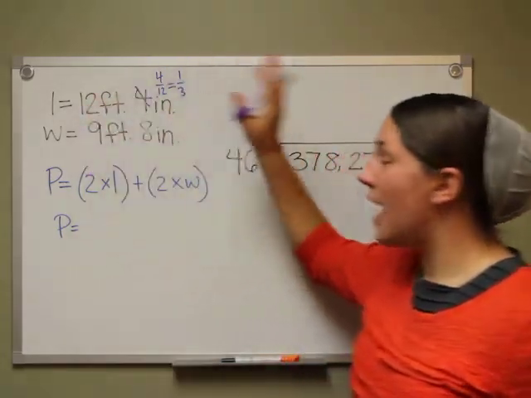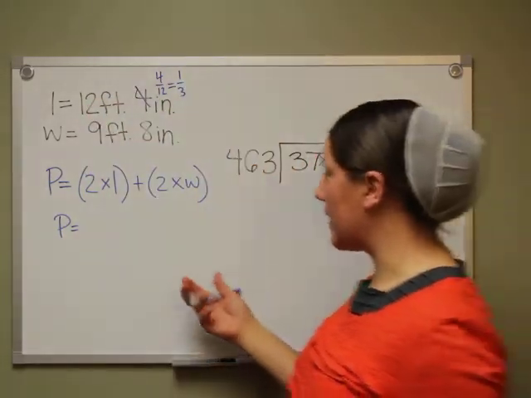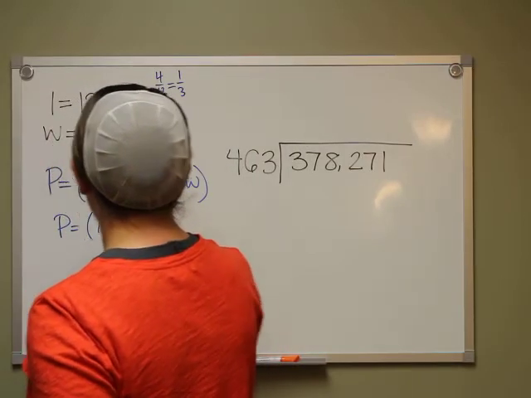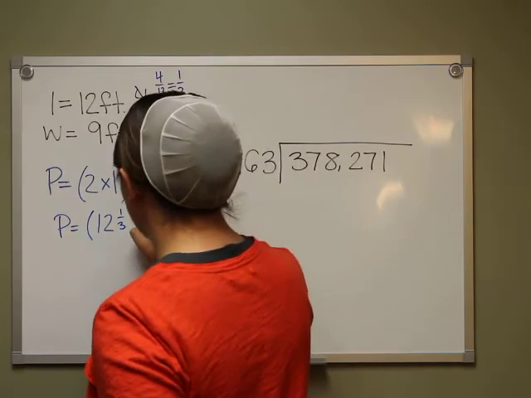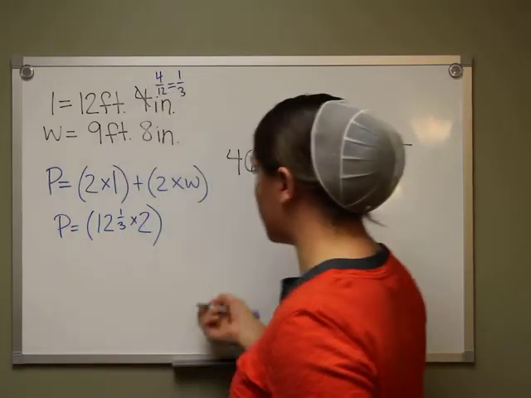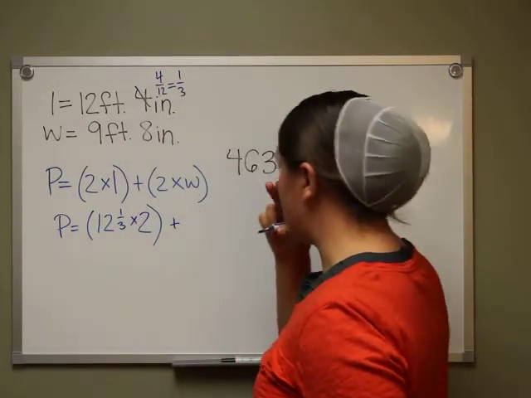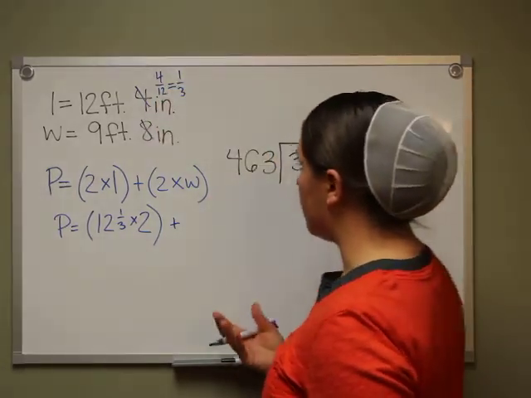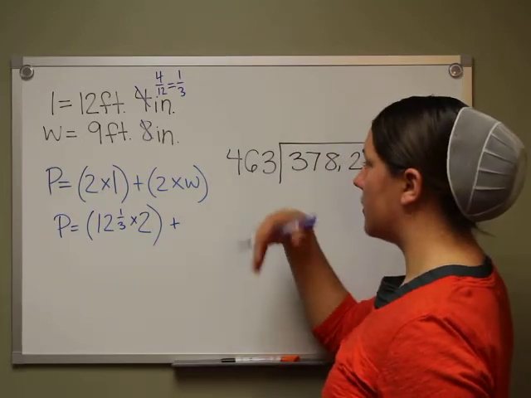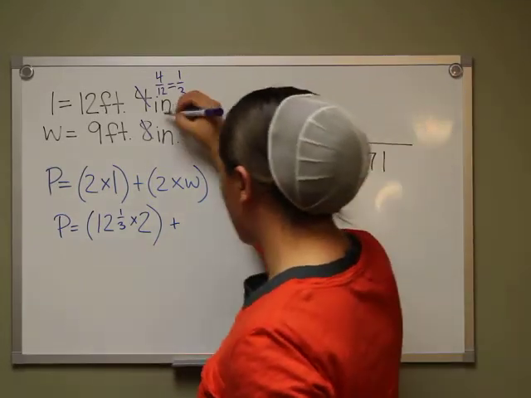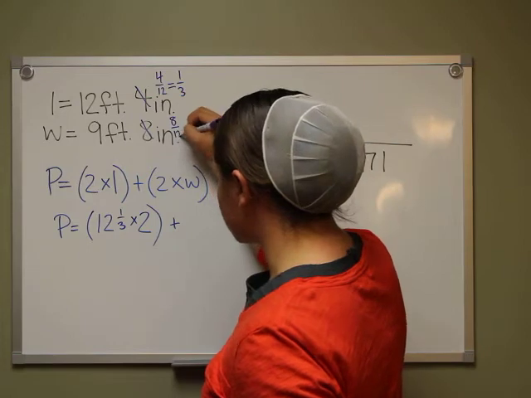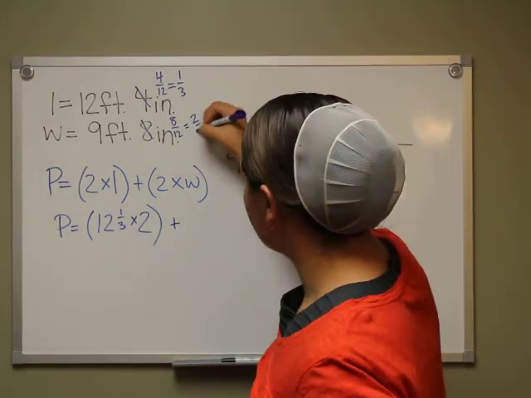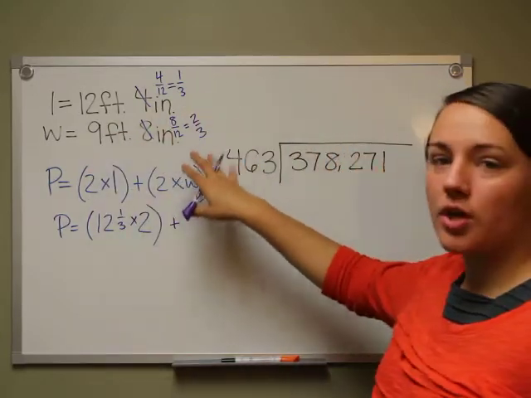So we have 12 and 1/3 feet for the length. So P equals 2 times 12 and 1/3, plus, let's make this a fraction as well, in feet. So 8/12, and we will reduce that to 2/3, so we have 9 and 2/3 feet.